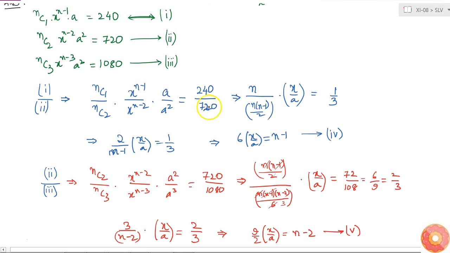So if I substitute that, what will I get? 5C1 into x^4 into a is equal to 240, right? What is 5C1? It is simply 5. So x^4 into a is equal to 240 by 5, correct? Which will be 48.